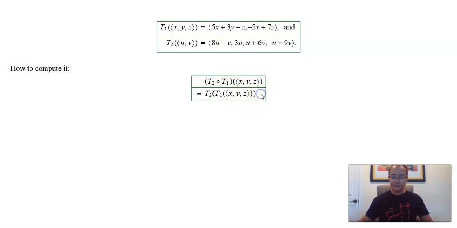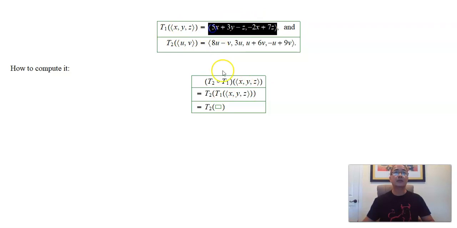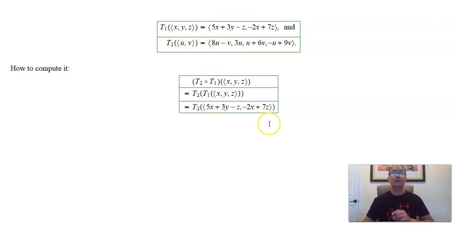Okay, so what's next? Well, we know what T1 of x, y, z is, so T1 of x, y, z is this vector over here. So that is what we input into T2. Okay, so this vector is what we will input into this formula, right?